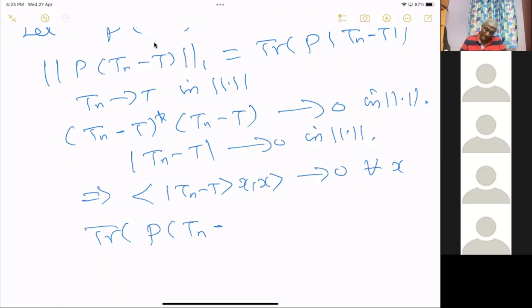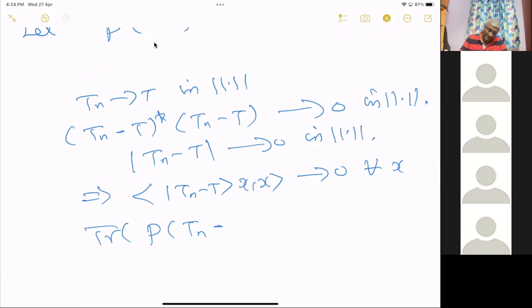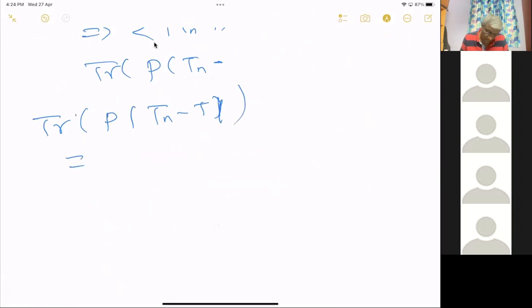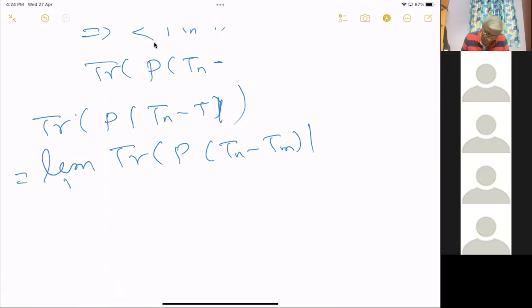I want to do something else. Tn minus Tm, I want to write. Okay, let all these things be here. I will do the following. I want to talk about the trace of P times |Tn - T|. Okay, that is equal to the trace of P|Tn - Tm| with the limit over here.